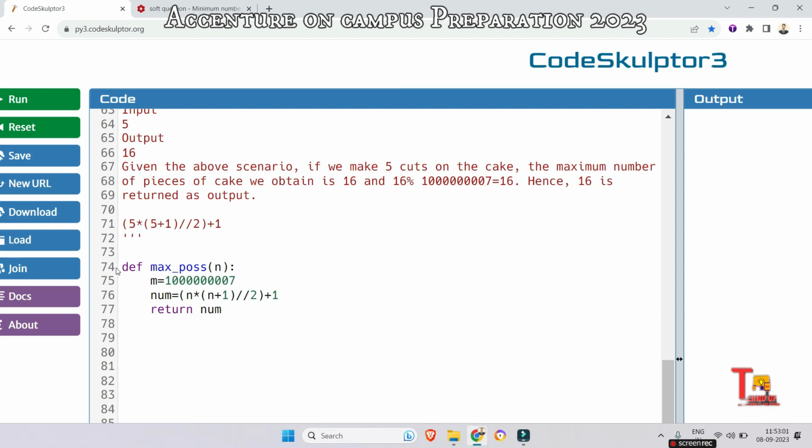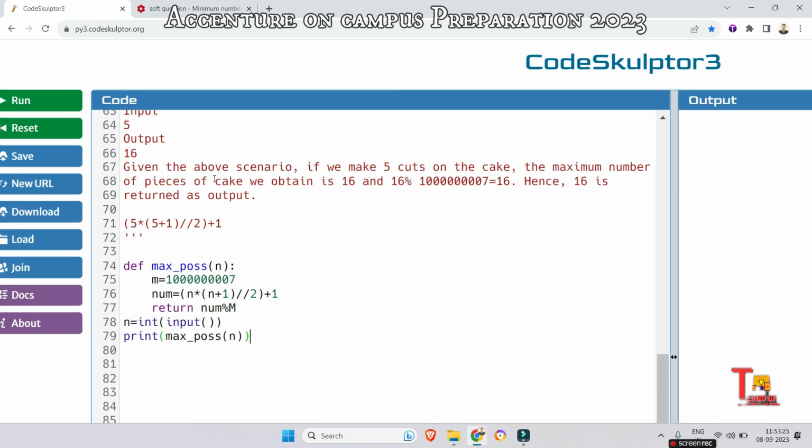This will return the actual output of our case. Now read the input as an int, and print the function max_possible.